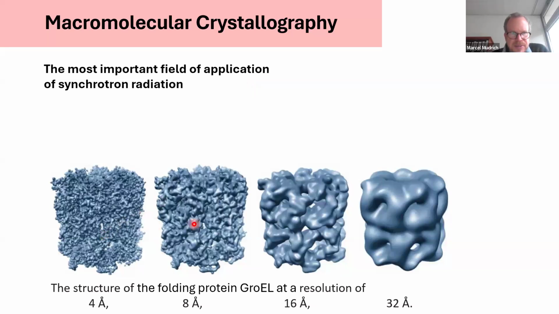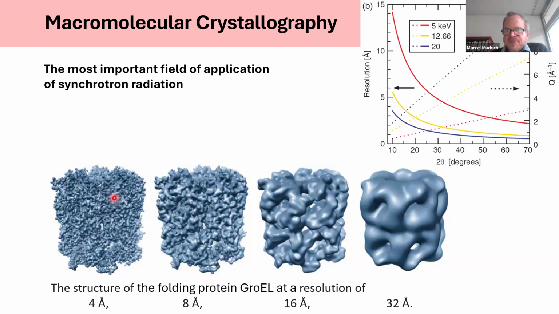And what is shown here is the reconstructed density distribution for one important protein, this GroEL protein here, that was measured by diffraction imaging at different levels of resolution, from 4 angstrom up to 32 angstrom. Of course, 32 angstrom is quite bad resolution, so there we definitely do not capture the atomic resolution of the protein. 4 angstrom is just about getting there to the atomic level.